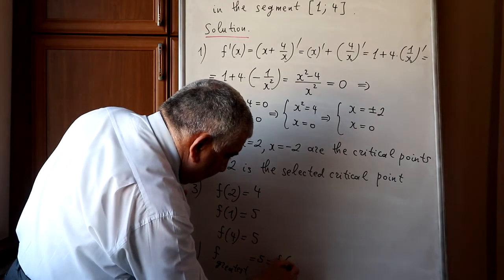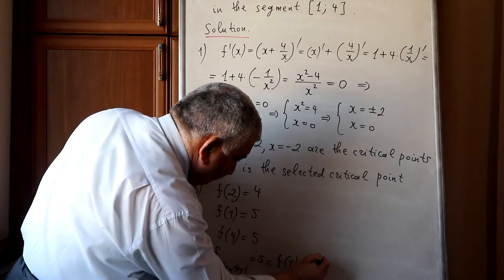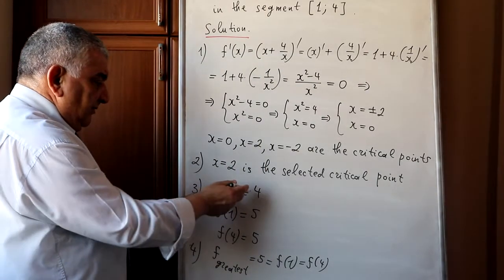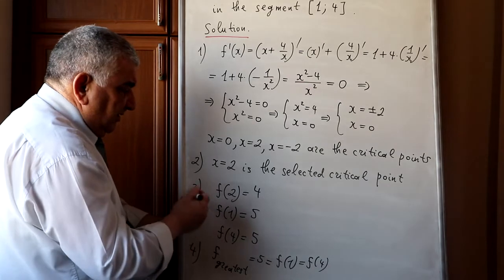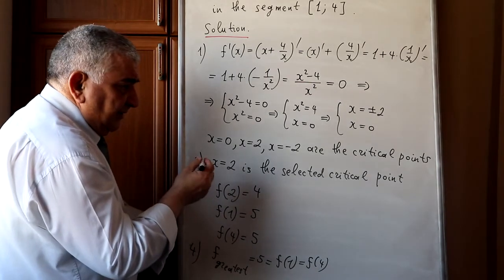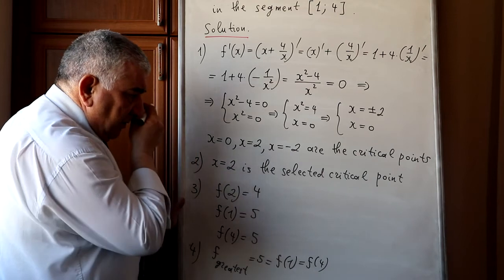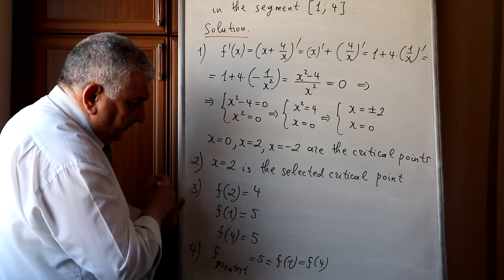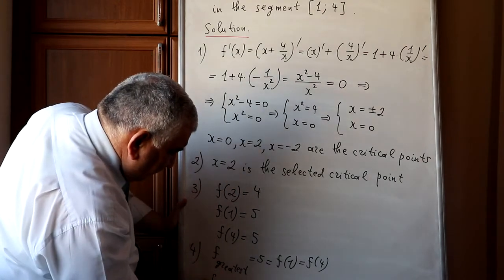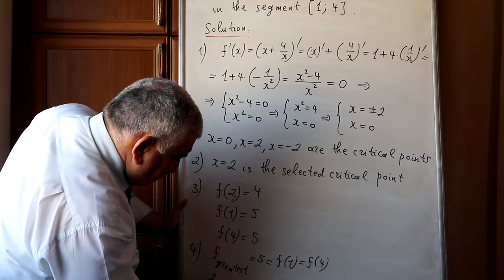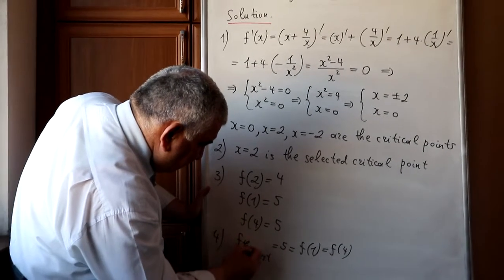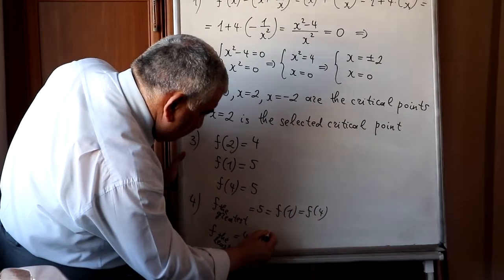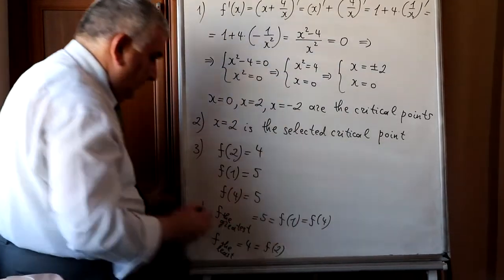It is f of 1 and it is f of 4. But the least value of the given function is 4, and this result is reached at the point 2. The least is equal to 4, and it is f of 2.